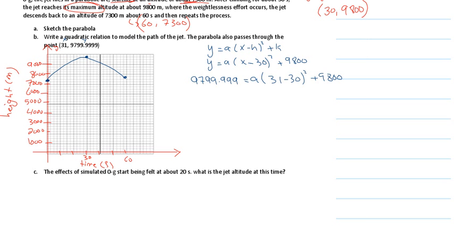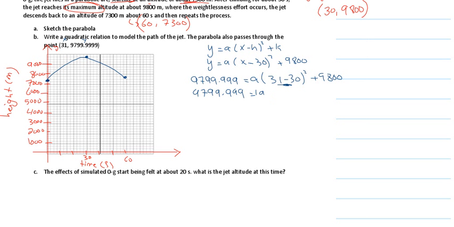So I'm going to do the square right away. If I do the bracket, which is 31 minus 30, that's going to be 1. And if I square it, that's still 1. So I'm going to just not write that, or I can write 1 on the right here. I don't have to. And then plus 9,800.